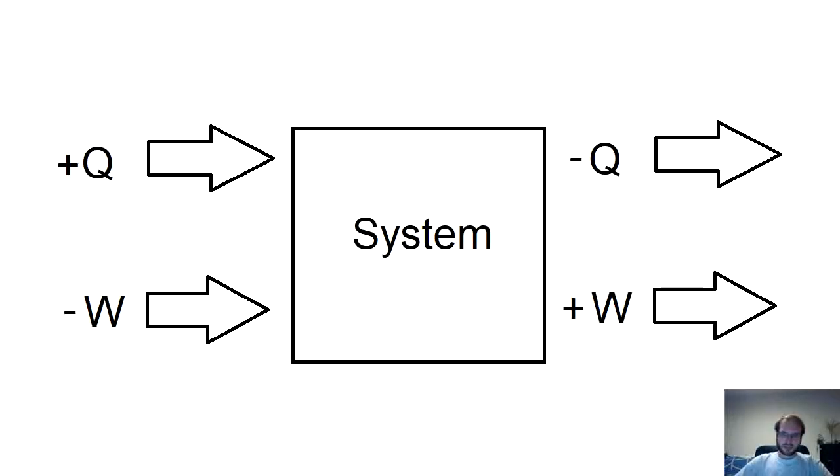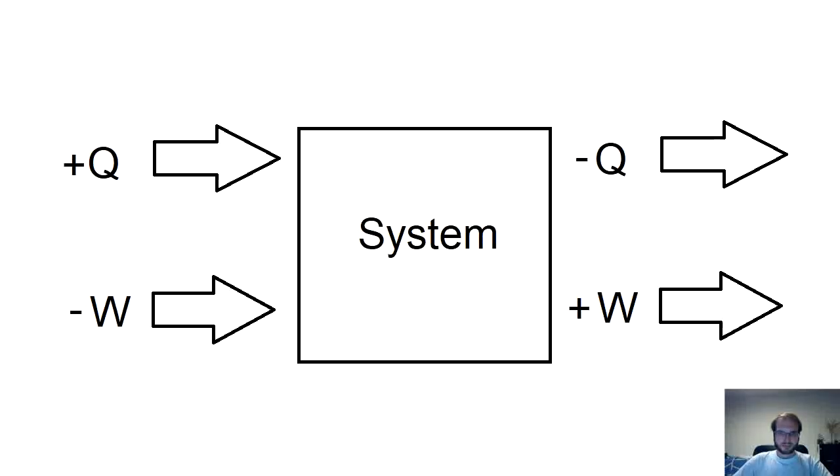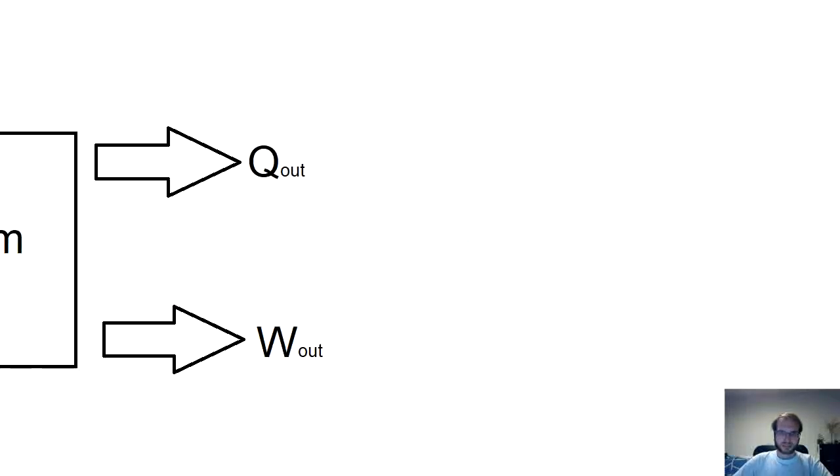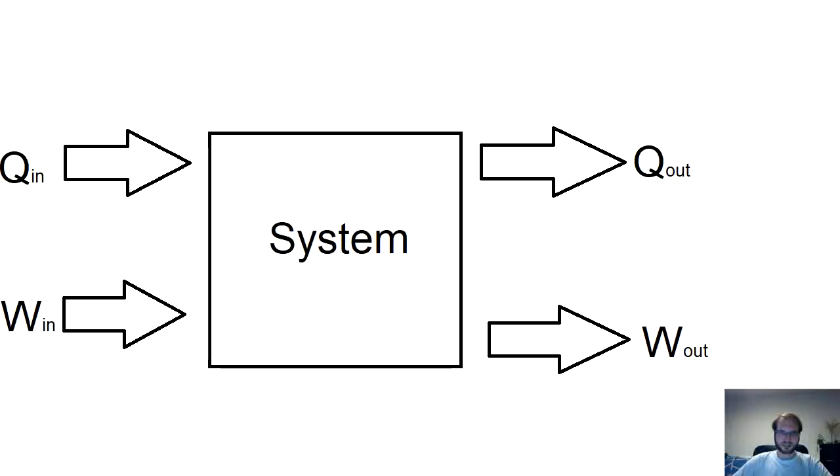Before we get to the calculations of our examples and problems, let's look at the sign convention that we will be using. Here you can see a typical sign convention used in thermodynamics, but for us, I suggest that our sign convention will look like this.